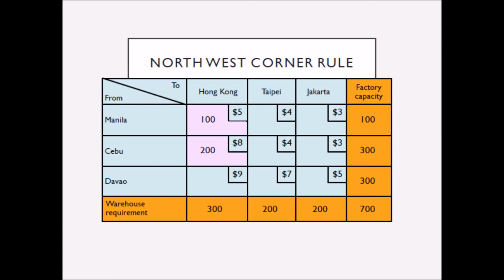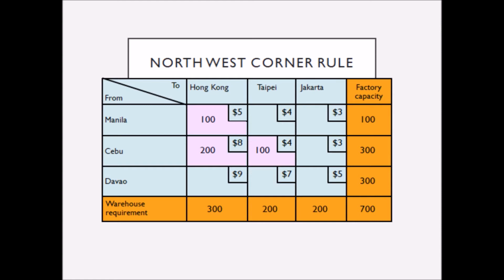Now let's go back to Cebu, which only has 200 units left in the warehouse. So to move on, let's now move to the next destination, which is Taipei. Since Taipei needs 200 units and Cebu can only supply 100 units, we will put all of Cebu's supply to Taipei. That now gives Cebu a remaining supply of 0.